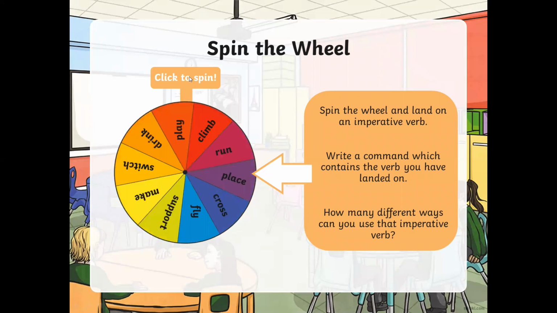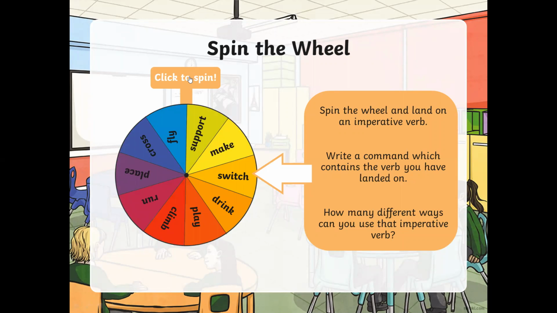Click to spin the wheel, and then write a command which contains the verb that you have landed on. How many different ways can you use that imperative verb? So can you use the imperative verb switch to write as many as 5 commands, children? Have a go. Challenge yourself.